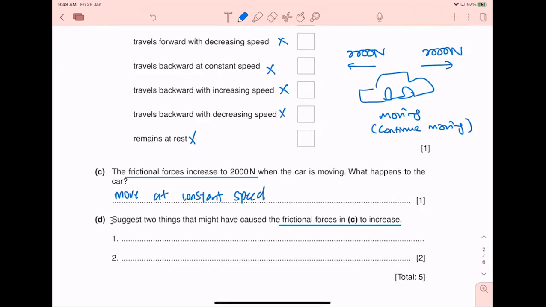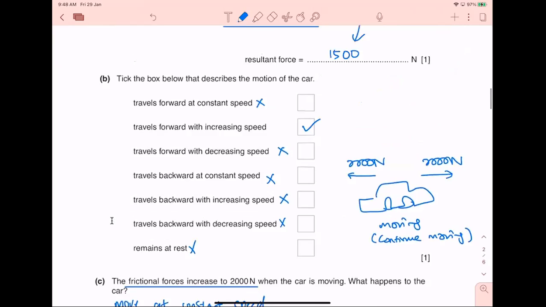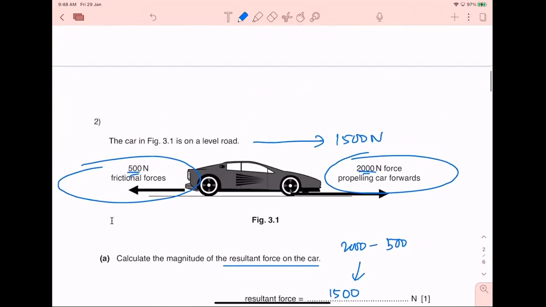Okay, these external forces, frictional forces, you cannot change anything on the car. You just have to explain what might happen. Some of your answers were more passengers. Okay, more passengers is not logical because the car is already moving, so you cannot add passengers in the middle of the journey, right? That is why I said when you want to answer, it must be related to the question.